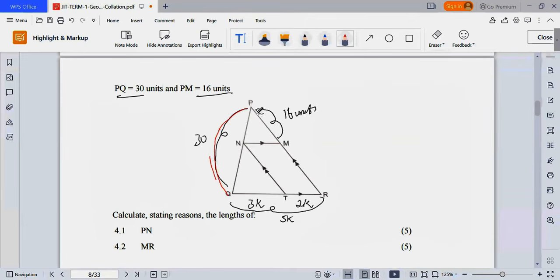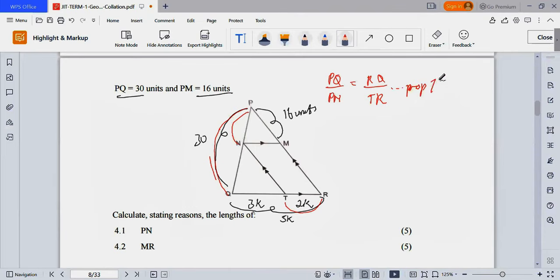And then again, if we are taking PN, this should correspond to the ratio of TR. So we can simply say PQ over PN is equal to the whole of QR or RQ over TR. When we are taking this, it's in proportion to that. When we are taking that, it's in proportion to this. So hope it makes sense.